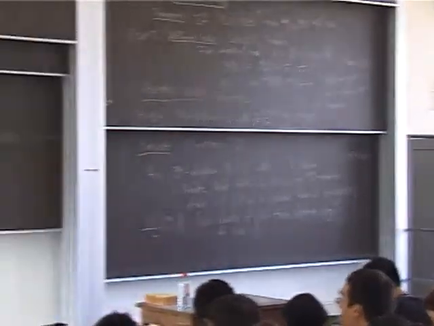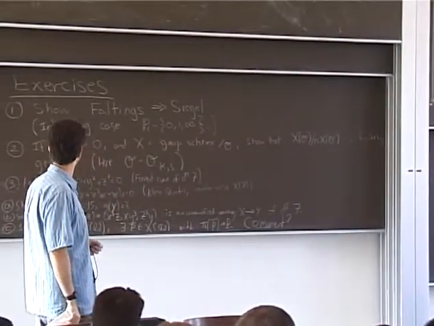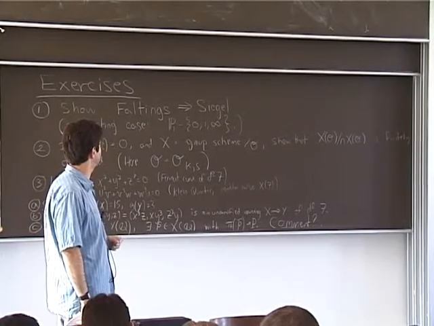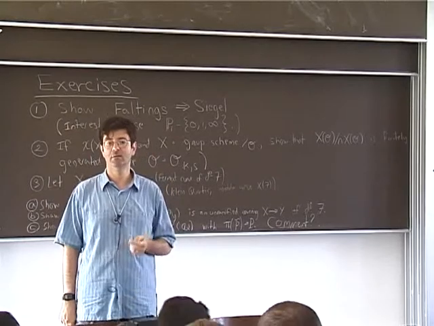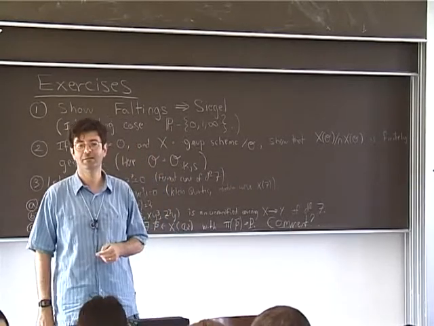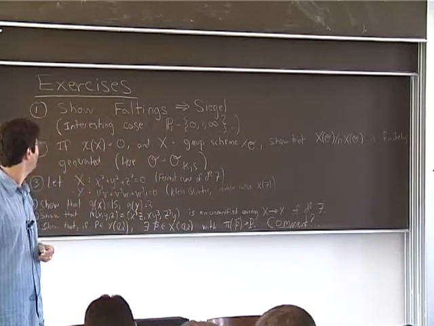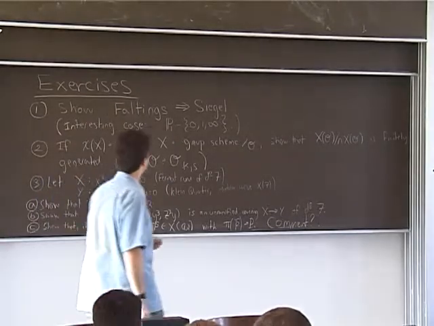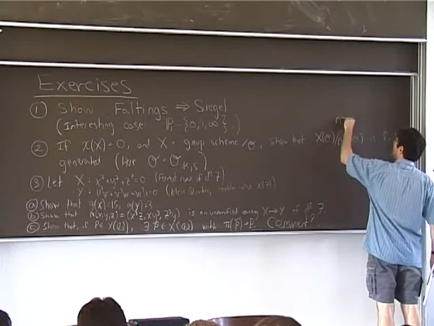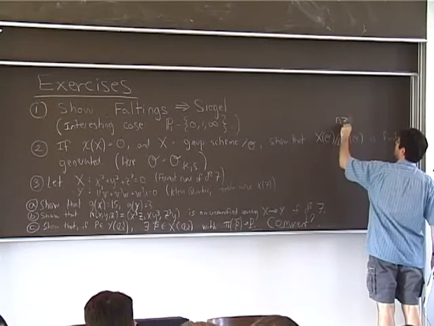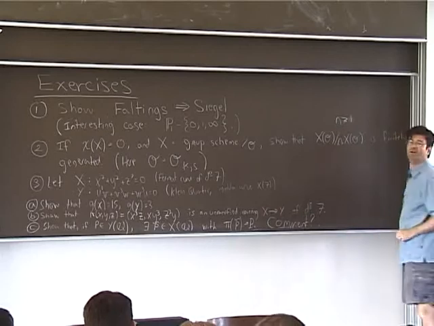So in number 2, is that simply to show that X(O) divided by n times X(O) is finite? Exactly, yes. So I take... No. This is an integer. I'm sorry. n is just some integer, I guess n greater or equal to 1.